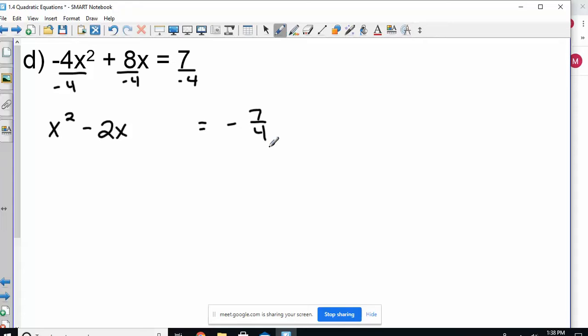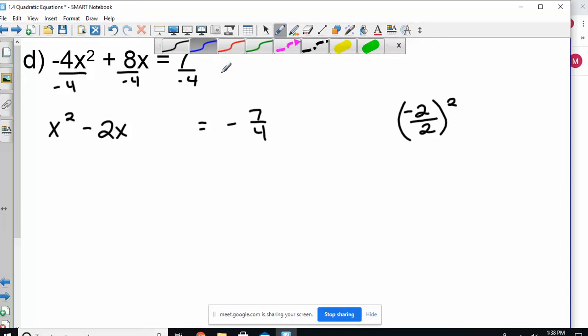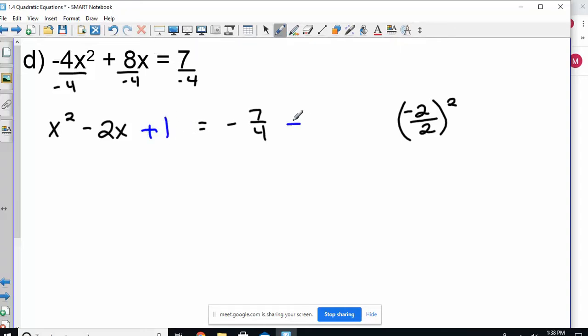So we're going to build our perfect square. We take our middle term, which is -2. We need to divide that by 2 and square it. So -2 divided by 2 is -1, squared is +1.